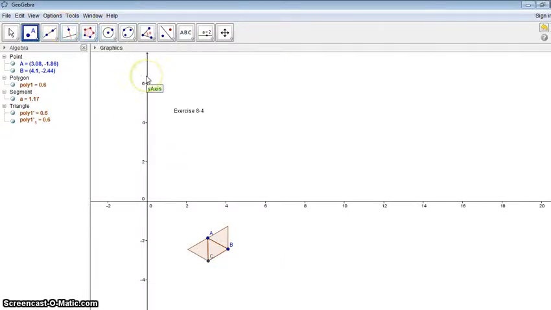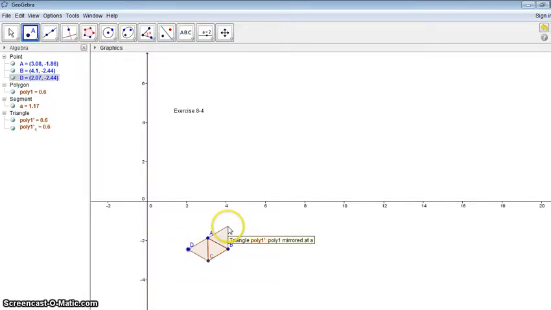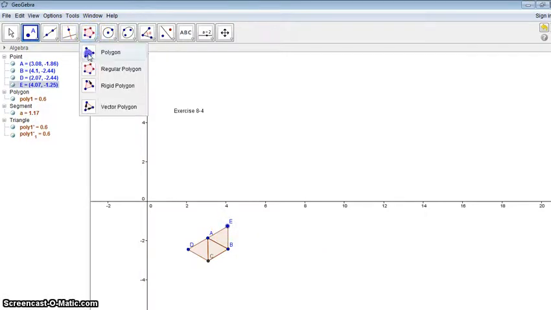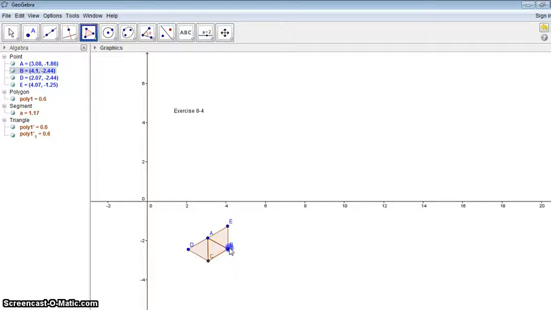Well, yeah, if I put a point here at the intersection and create another polygon, I should be able to come close.